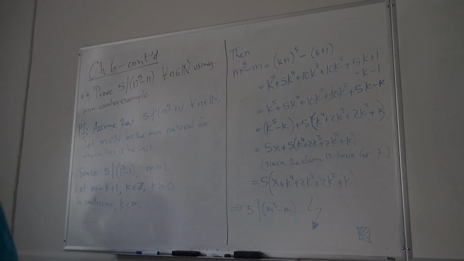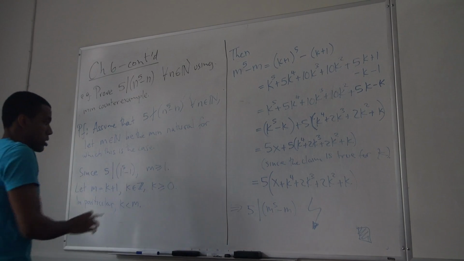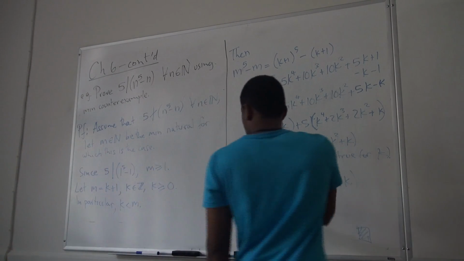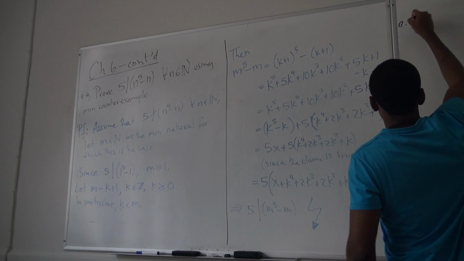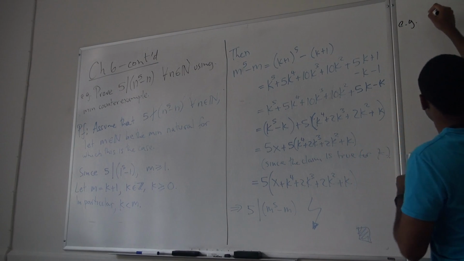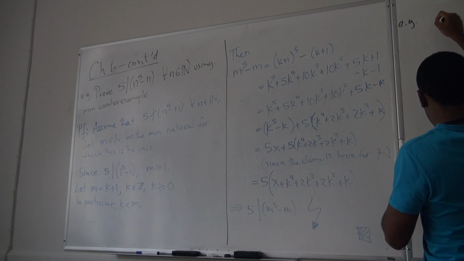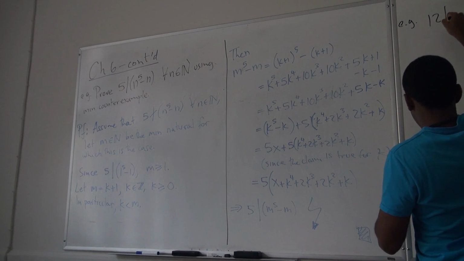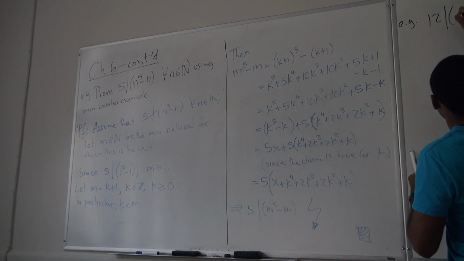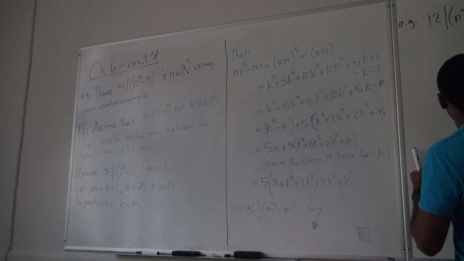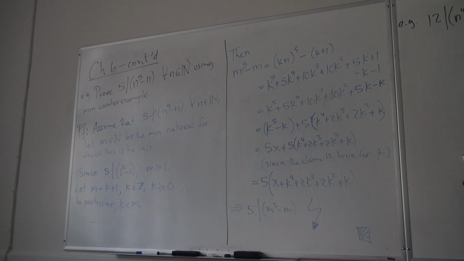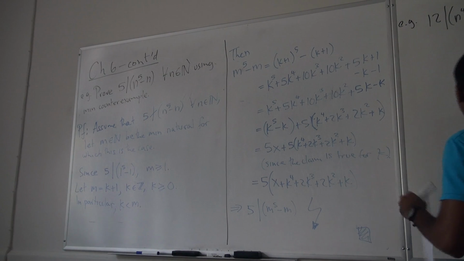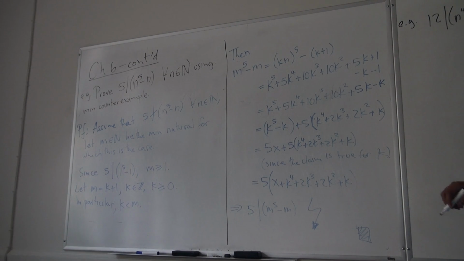One thing I'd like to point out with these problems is that it's actually very typical that you'll need to verify more than one case. So, for example, if I wanted to prove that 12 divides n to the 4th minus n squared for all n in N, then this one would actually be a little bit tricky.